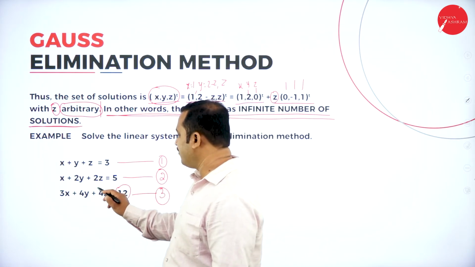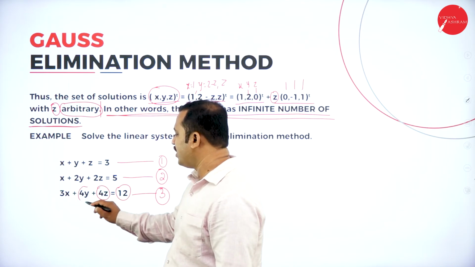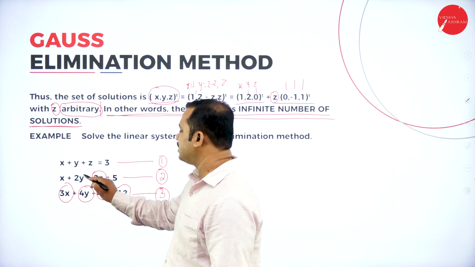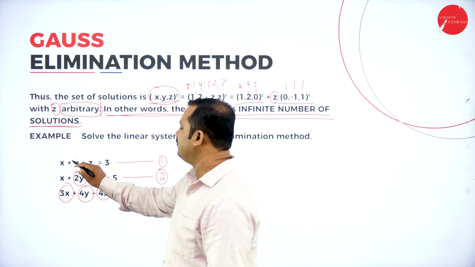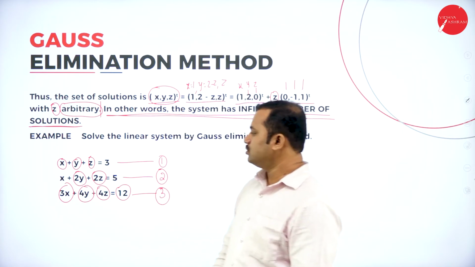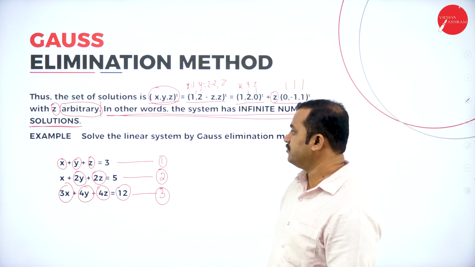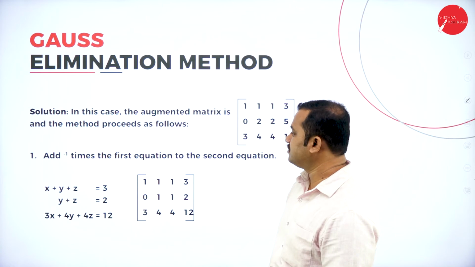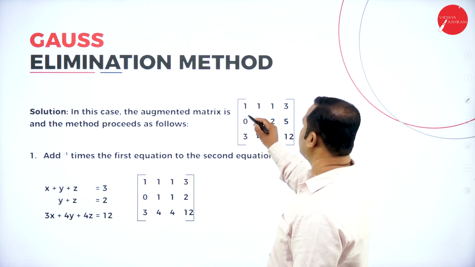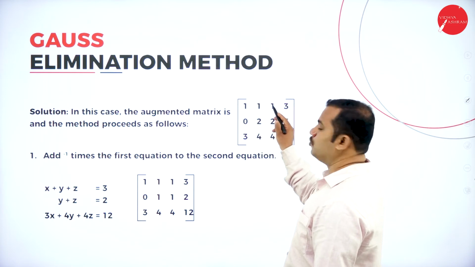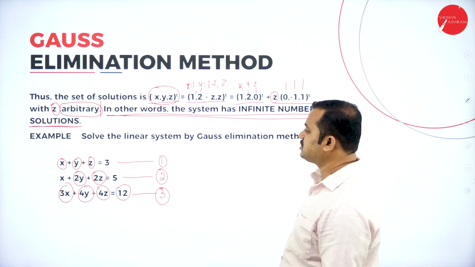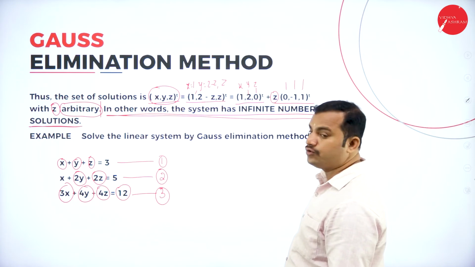Then similarly, we have 4z here, 4y here, 3x here. We have 2z here, 2y here. Then we have 1, 1, 1 terms here. What you need to observe here is that the augmented matrix is written over here as 1, 1, 1, 3, 0. If you look at this, x plus 2y plus 2z is equal to 5.